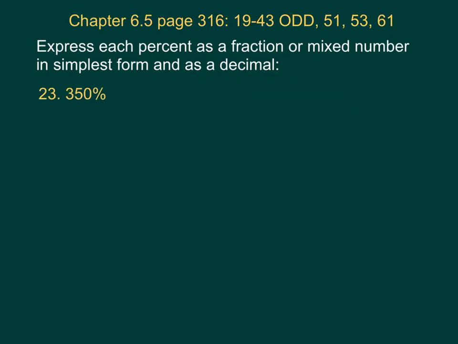Don't get freaked out when we get a percent that is over 100. For 23, we can just write it as 350 over 100. The nice thing about fractions is when we get zeros at the ends, we can just cross them out. And we're left with 35 over 10. To simplify that, I just divide by 5.